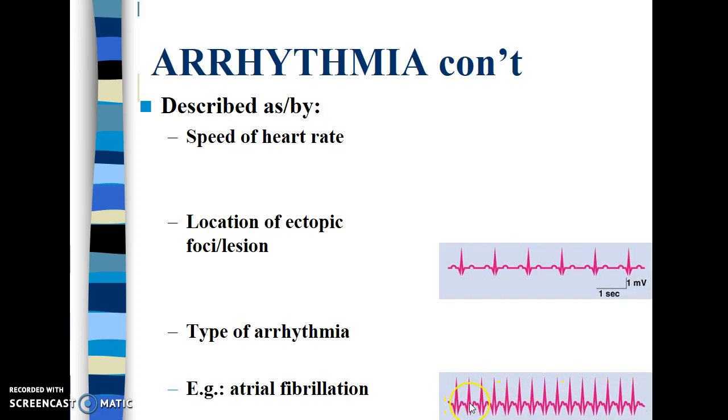So this would be a fast rate, and we call it a fibrillation because it is so fast, but it's a tachycardic type arrhythmia. And it's originating from the atria. So you want to contrast that. This is typically how we get the idea of where the ectopic foci is from looking at an ECG.